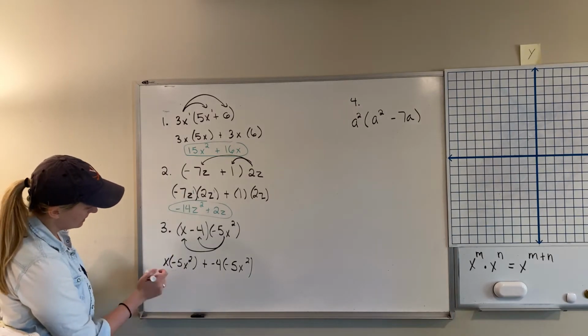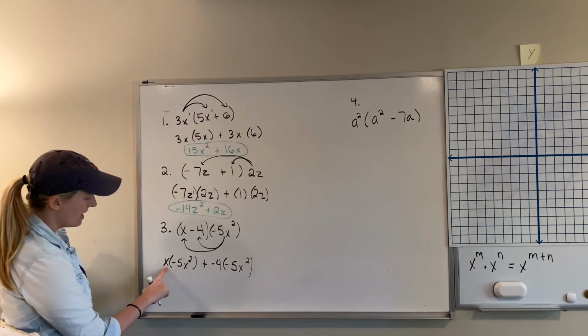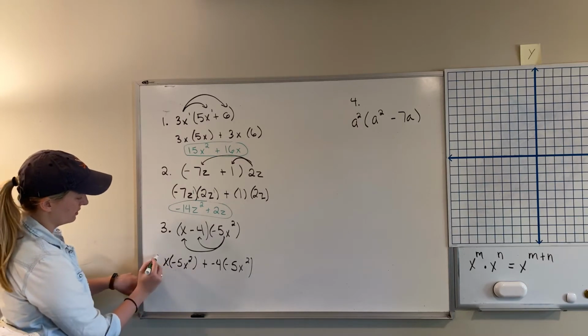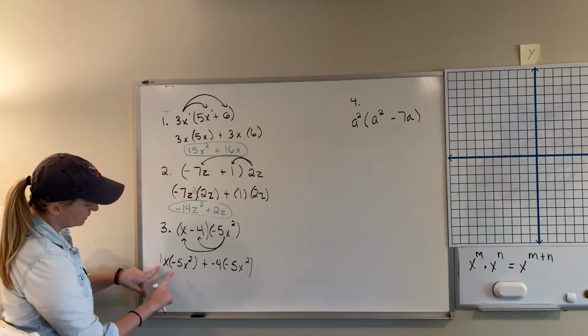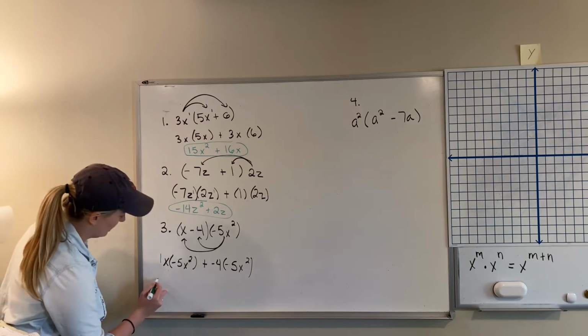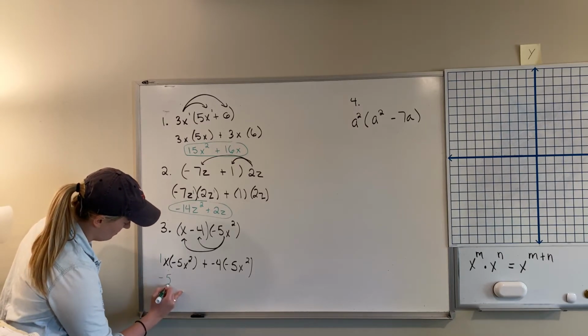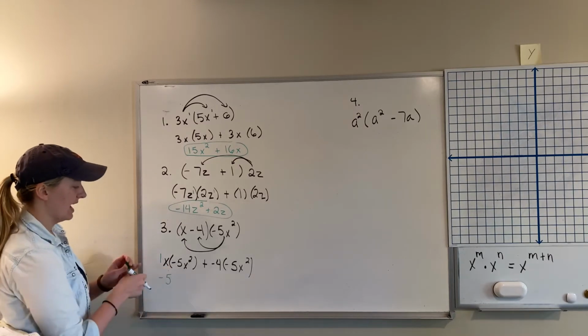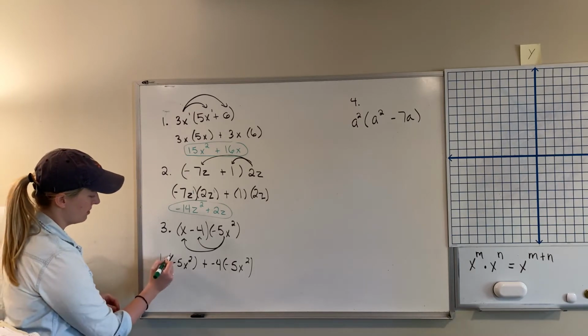So in this case, I have x, there's a 1 in front of it. So 1 times negative 5 is just going to be negative 5. x times x squared. Remember, there's a hidden 1 above your x.